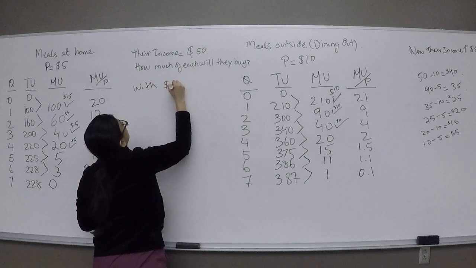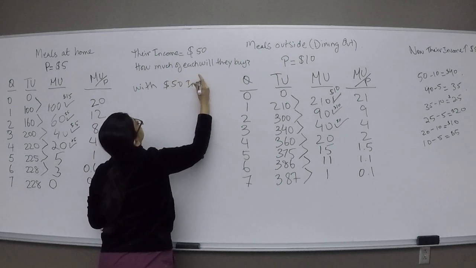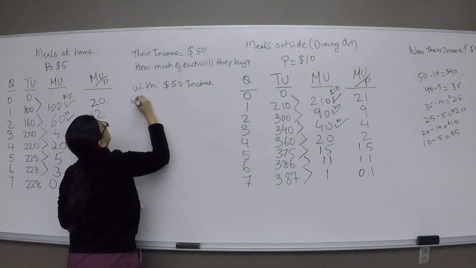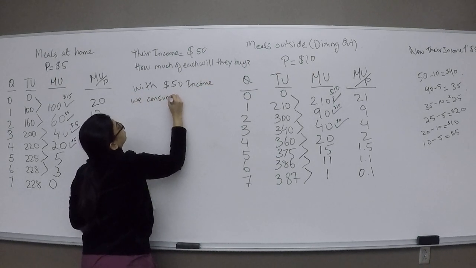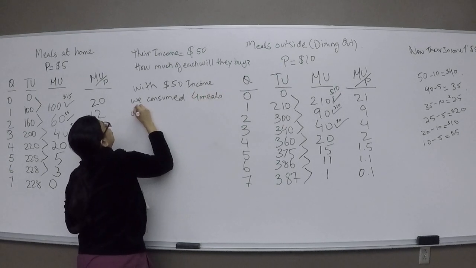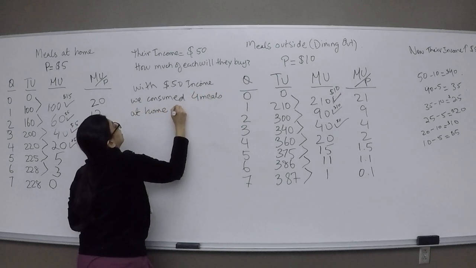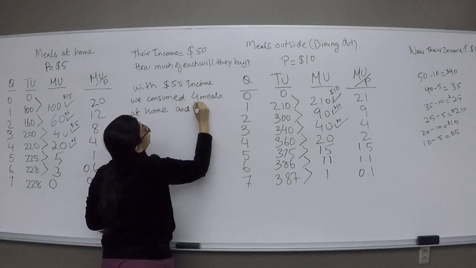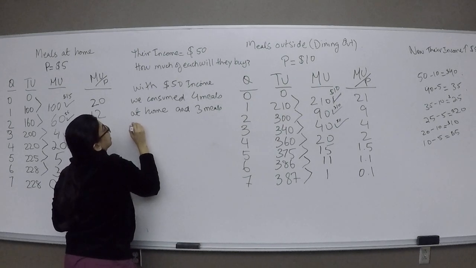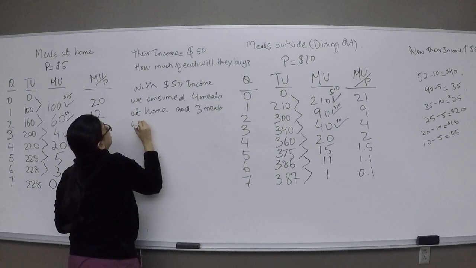With $50 income, we consumed 4 meals at home and 3 meals in a restaurant.